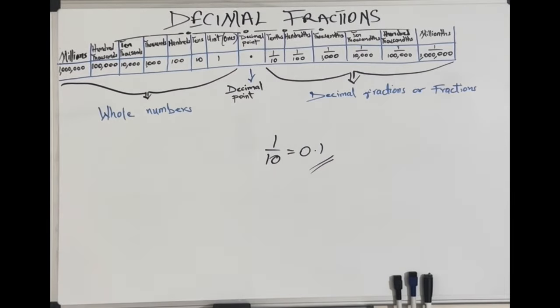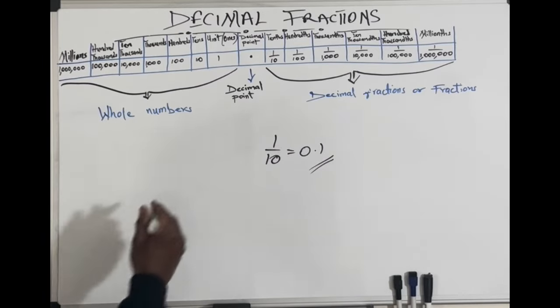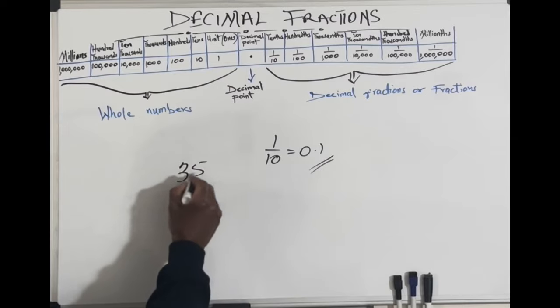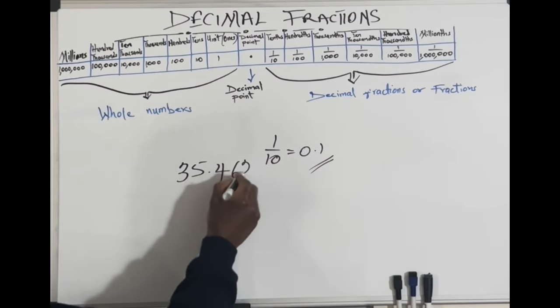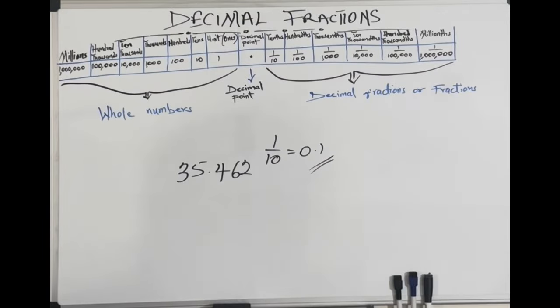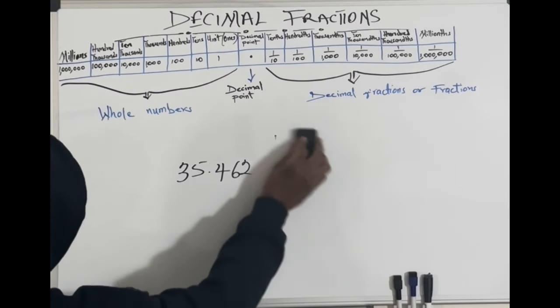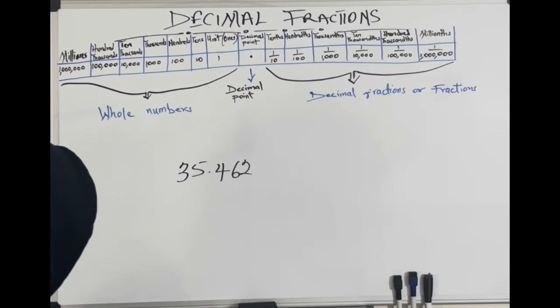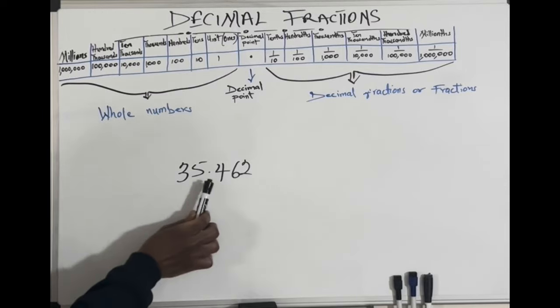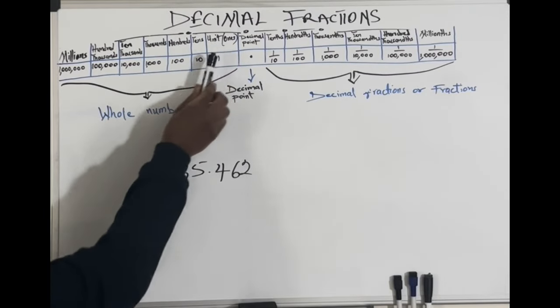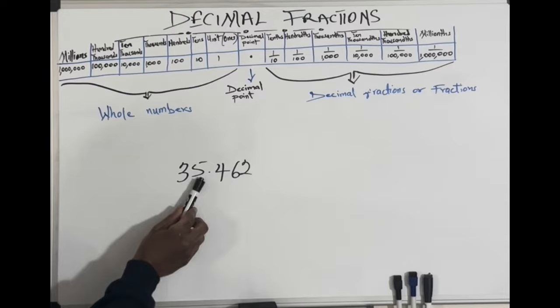So the decimal point in a number separates the whole number part from the fraction part. For example, we have the number 35.462. Right after the point, we have tenths.